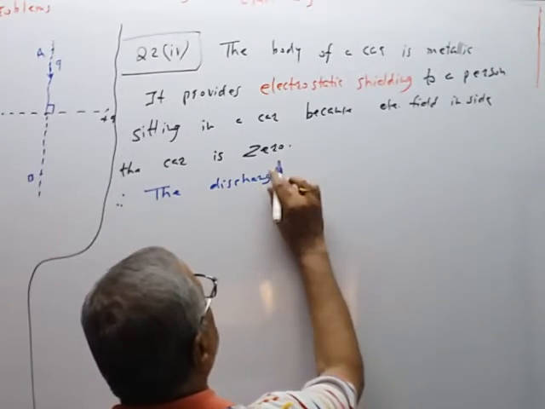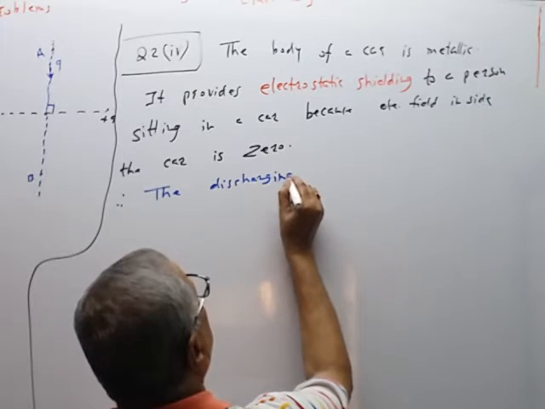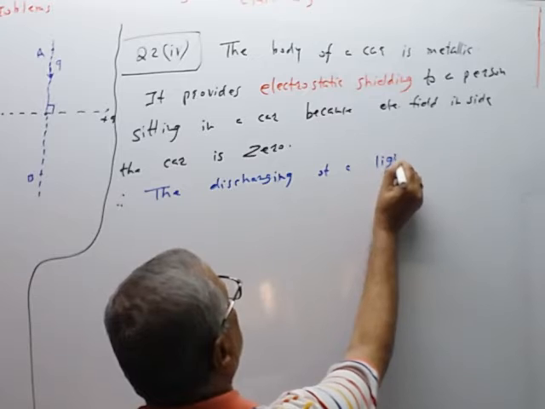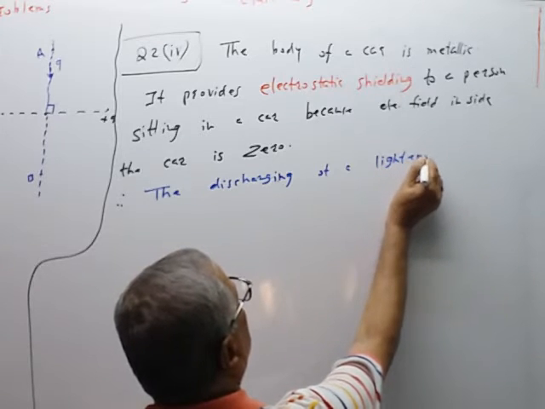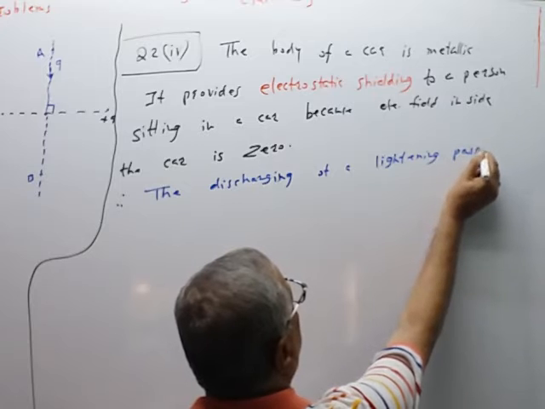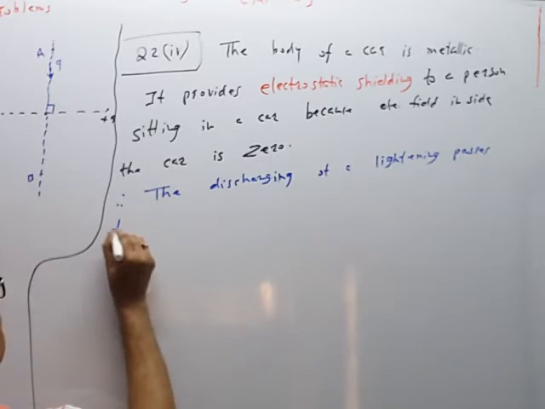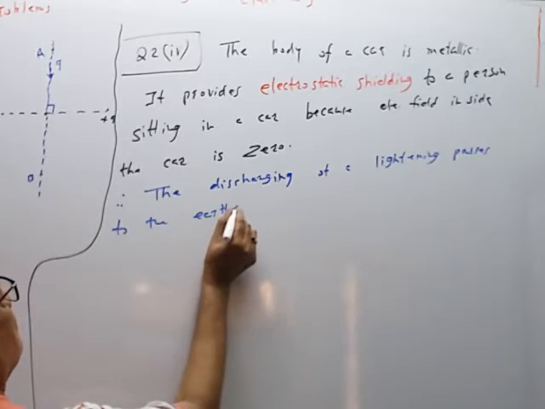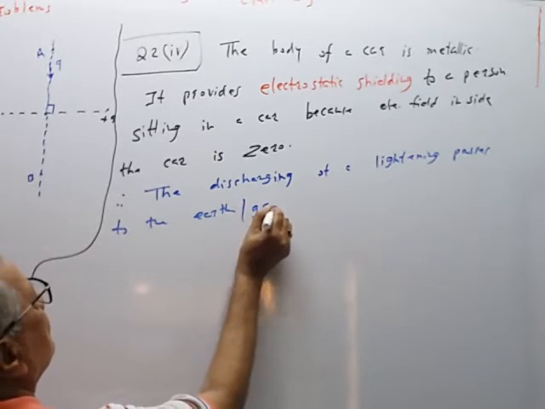The discharging of a lightning passes to the earth, or it is also called the ground.